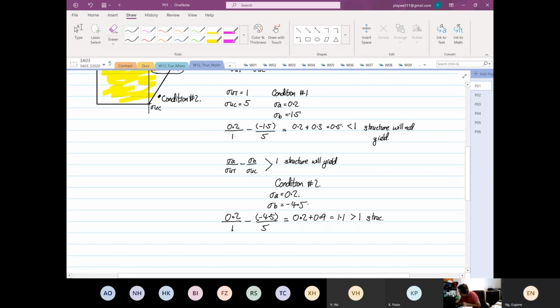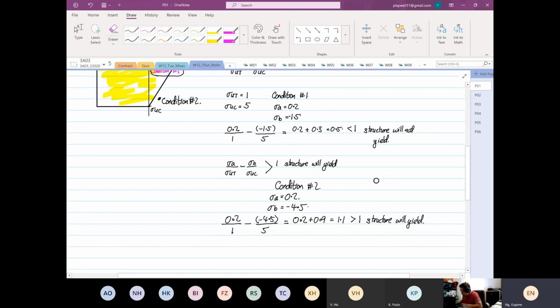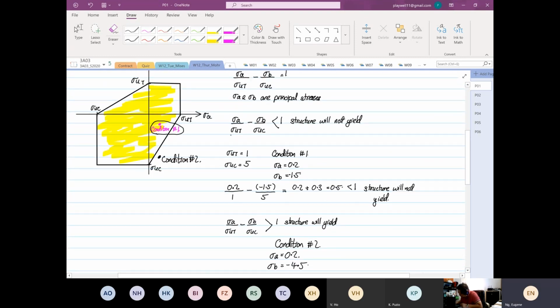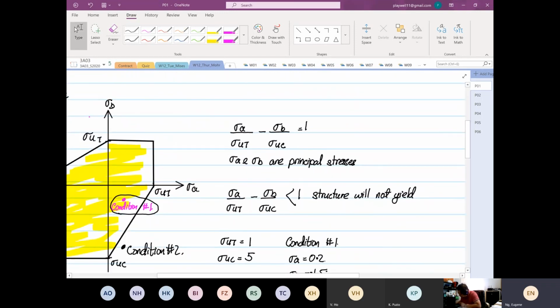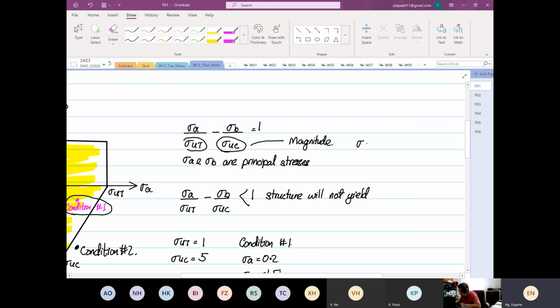Okay. A very important thing to take note of, based on this formula: the ultimate tensile and the ultimate compression, as you can see over here, you only quote the magnitude. If the ultimate tensile is equal to 1, you put in 1. And if the ultimate compression is equal to 5, you just put in 5.